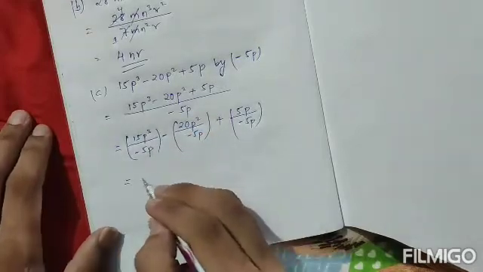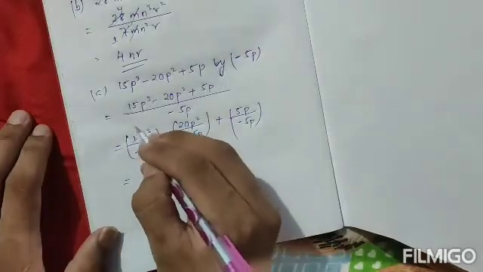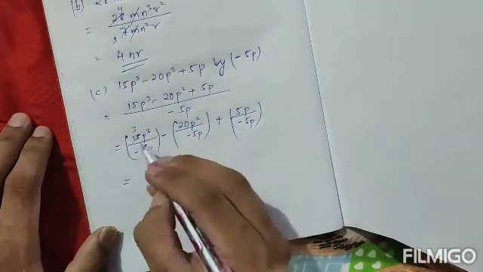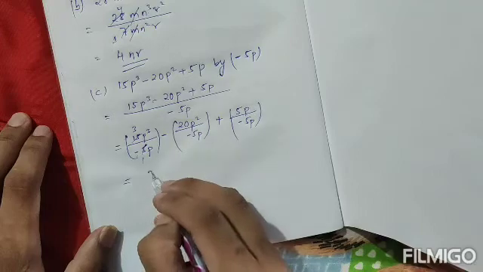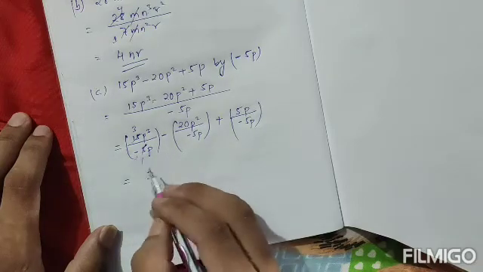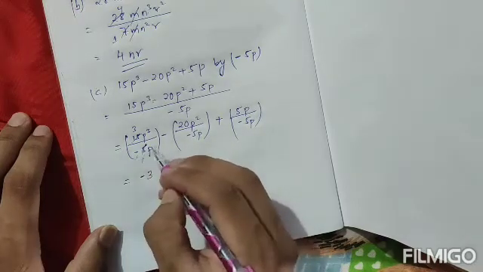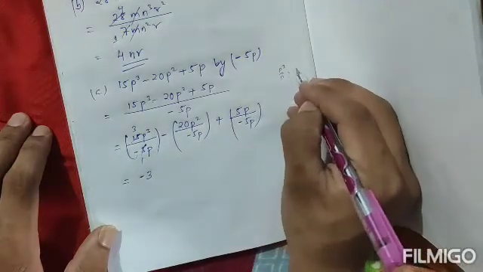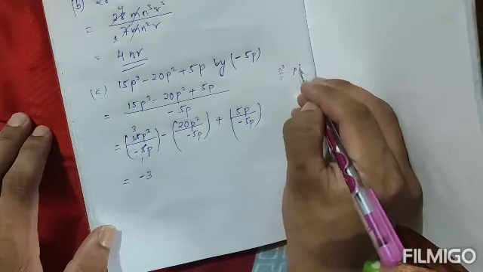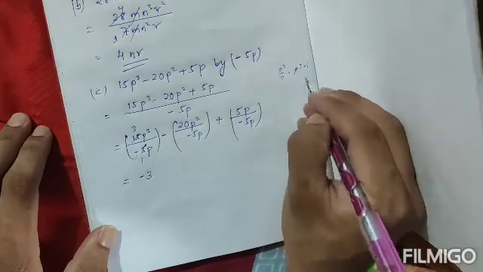So 5 1s are 5, 5 3s are 15. How much will you get here? 3 by 1 is 3 only, but this minus sign is there, so minus 3. P cube by p is p to the power 3 minus 1, so p square.